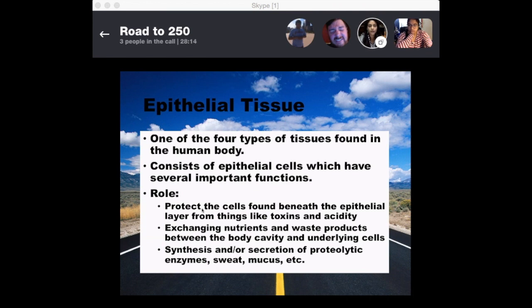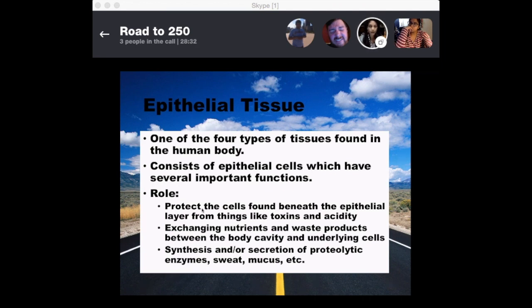It also serves a role of exchanging nutrients and waste products between the body cavity and underlying cells, and it also plays a role in synthesis and or secretion of proteolytic enzymes, sweat, mucus, etc.